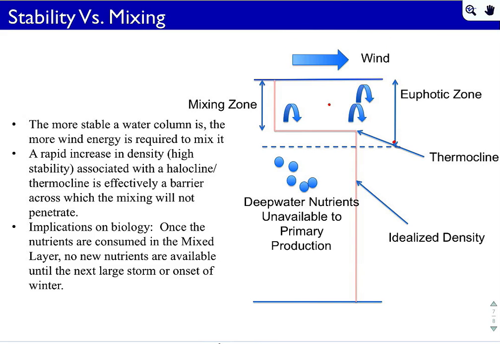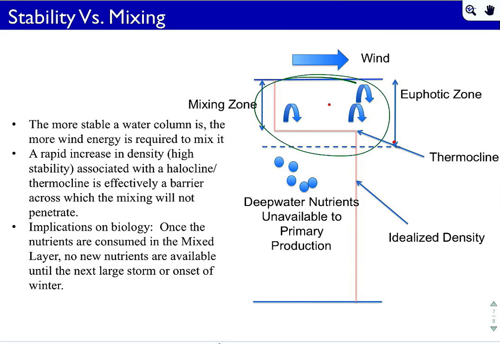Essentially, there's a zone up here where primary production is occurring, photosynthesis is occurring because there's enough light. It requires nutrients. Those nutrients are used up by the primary production. And once those nutrients are used up, the new nutrients are unavailable to primary production.